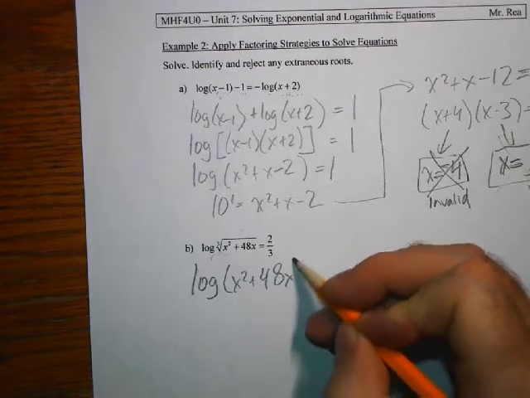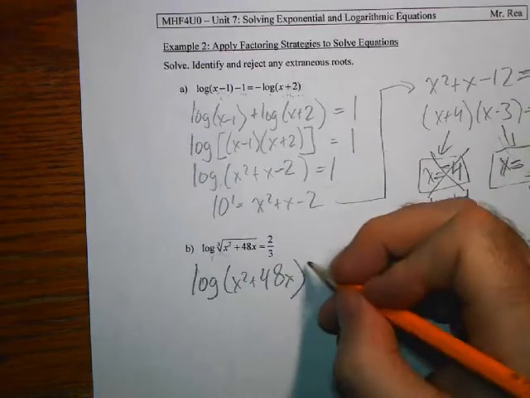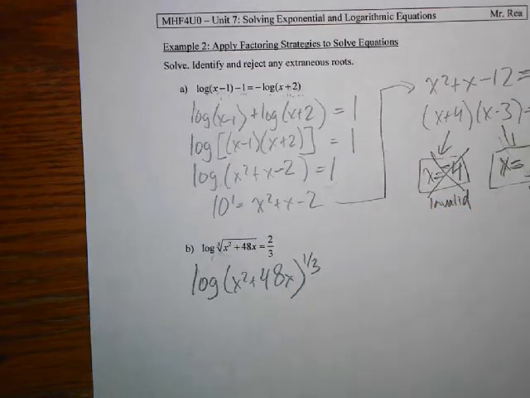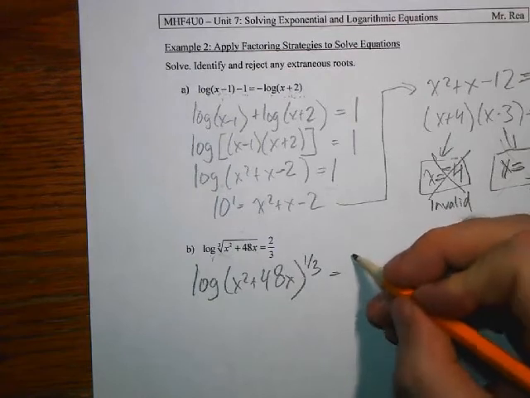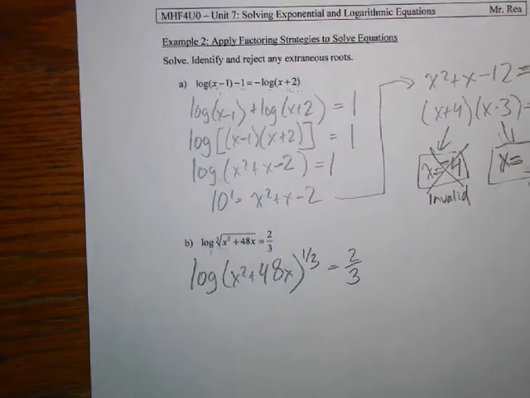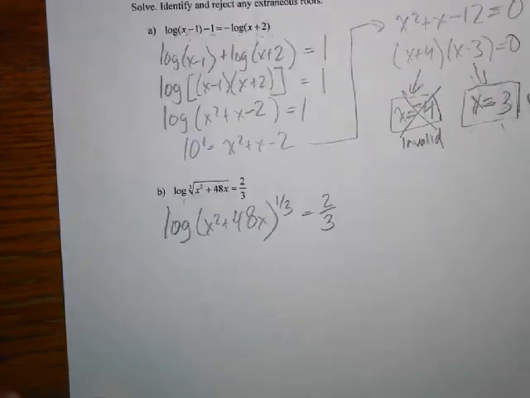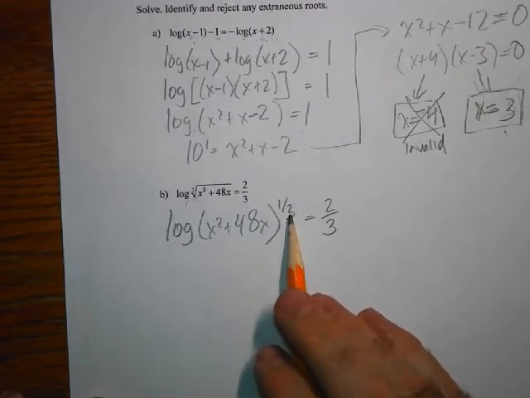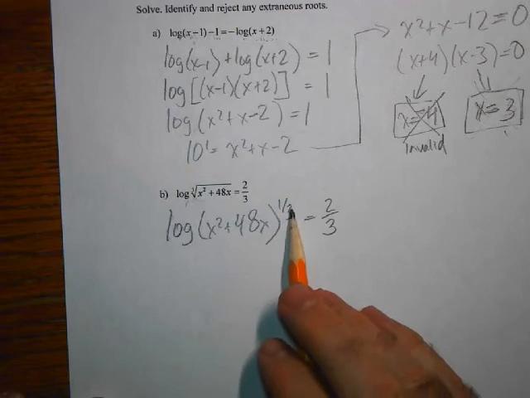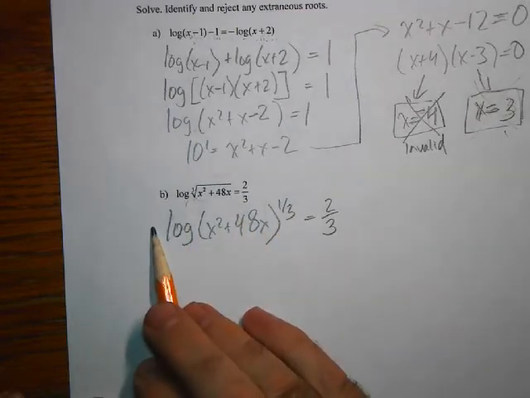And remember, cube root is really the same as the exponent 1/3, and that's going to be equal to 2/3. So we're going to use the power law for logarithms. We're going to move this 1/3 exponent as a multiplier in the front.